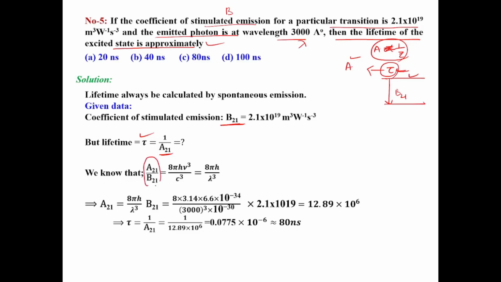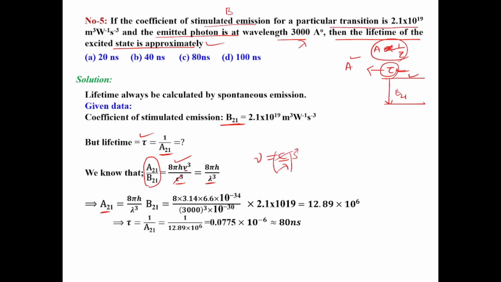So A by B is nothing but 8 pi h mu cubed by c cubed. Instead of mu we can substitute c by lambda, so it will be c cubed by lambda cubed. So c cubed and c cubed cancel, and lambda cubed is found in the denominator. Now we are going to substitute all the values.